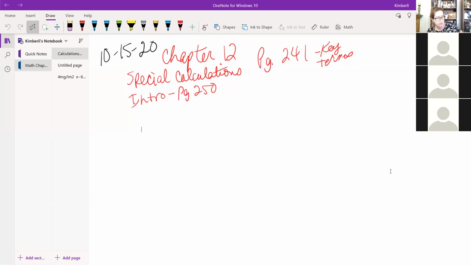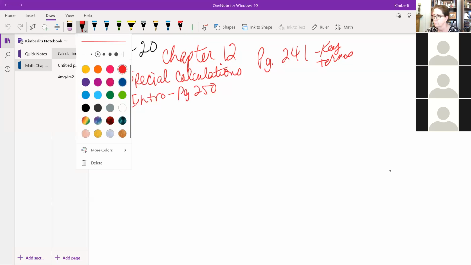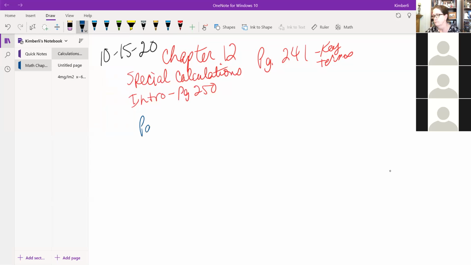So for example, 12.1 on page 250, it says, what is the weight of a 22-pound infant in kilograms? So now we're going back to chapter 5 where we're converting from one unit to another. 22 pounds is equal to how many kilograms?